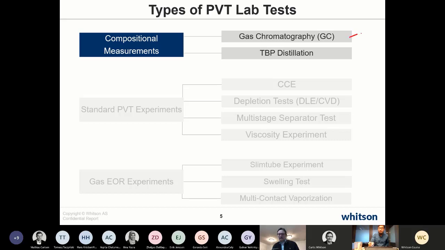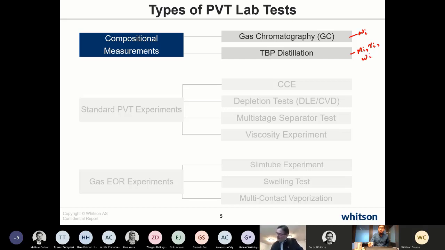So gas chromatography gives us mainly the mass fractions of the different components in the sample composition. And the true boiling point distillation helps us determine the component molecular weight and the density of each component together with the mass fraction.